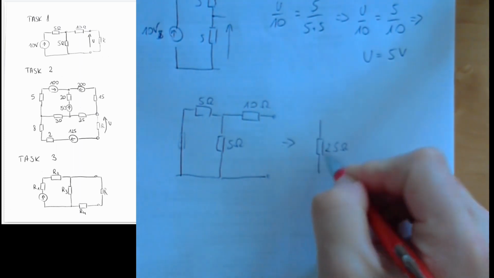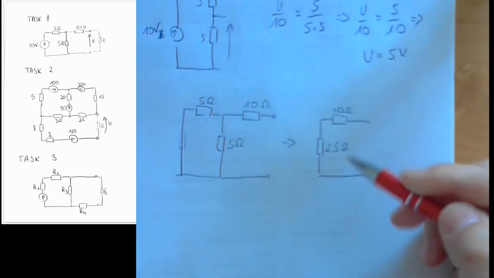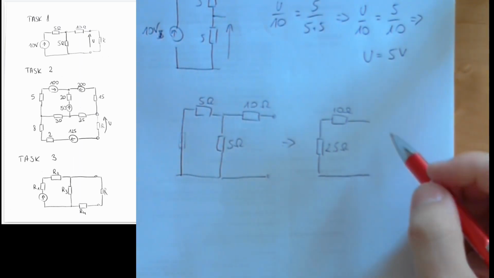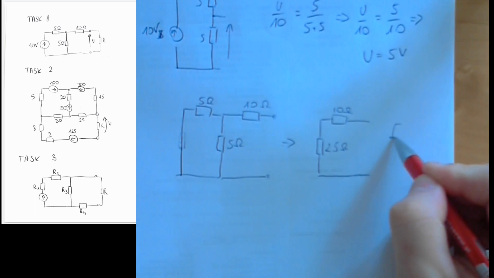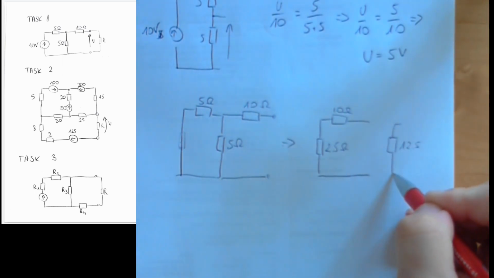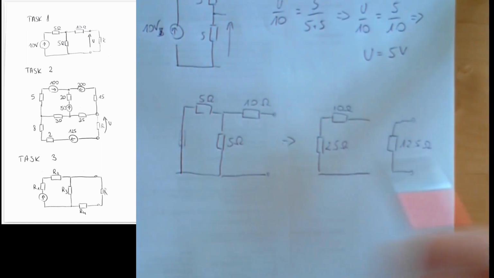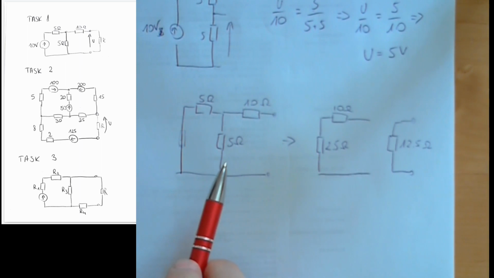So this leads us to a 2.5 ohm resistor and a 10 ohm resistor, and these two are connected in series, which gives us 12.5 ohm resistor. Okay, so this is the equivalent resistance of this circuit.